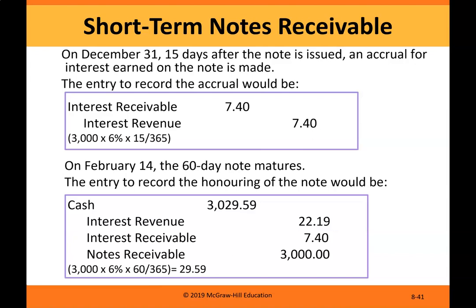We broke that down between what you recognized at year end, which was the $7.40, so you have to reverse out that interest receivable. The difference is the interest revenue you can recognize in this period.